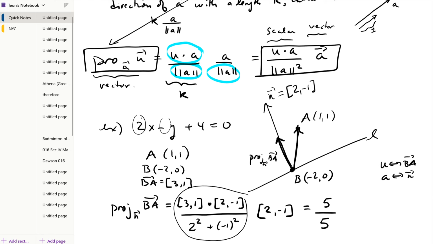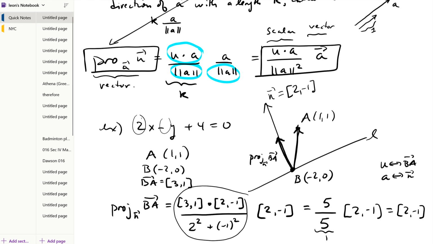It's a coincidence, actually. We get 5 on 5. Normally it's some random number, but here it is a nice number. It's going to be 1 times (2, minus 1), which is just (2, minus 1). So it actually turns out that the projection of BA onto n is n itself.